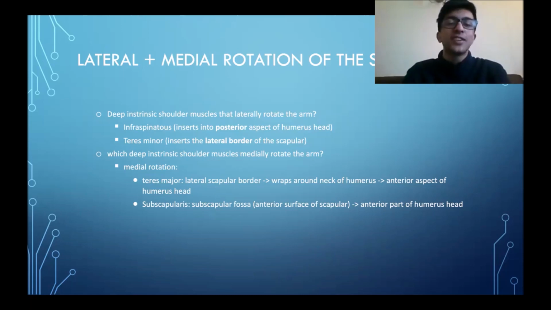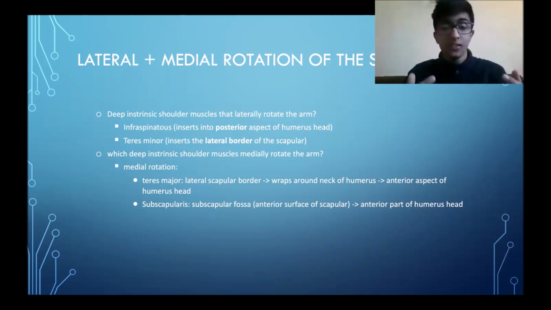But the deep intrinsic shoulder muscles that medially rotate the arm, where do you think they're going to be? Any takers to answer? I know you can see it, but I just want you to understand the thinking behind it. You can put it on the chat as well if you want. Okay, so the medial rotation of the arm will be by the anterior aspects.